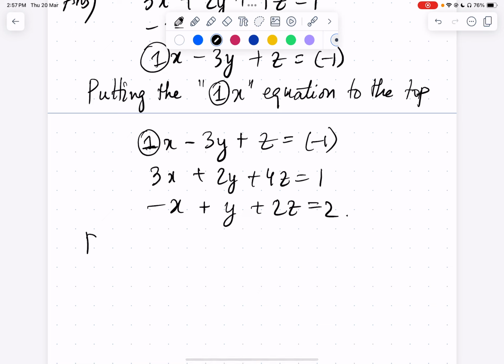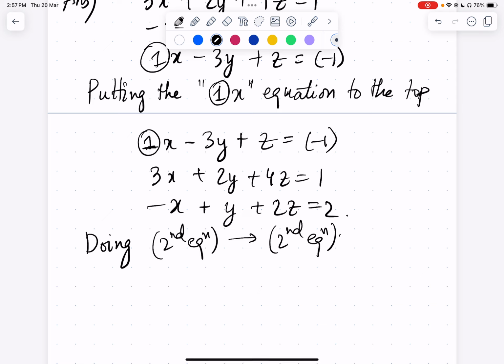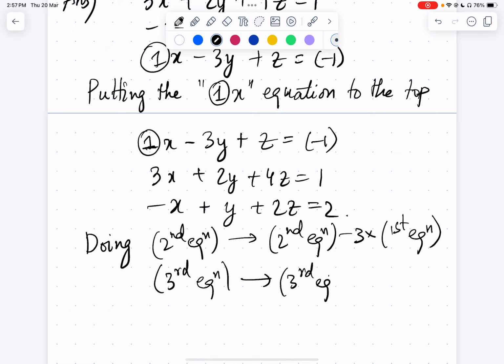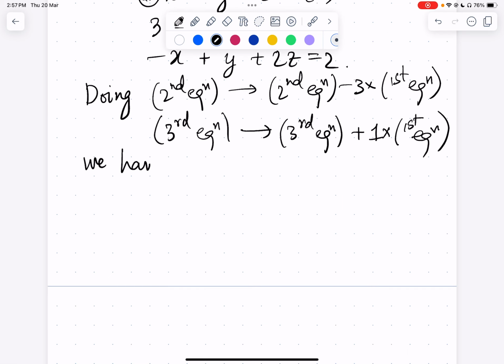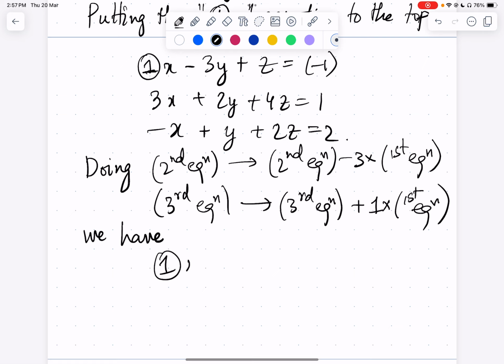So we change the second equation to second equation minus 3 times first equation, and the third equation to third equation plus 1 times the first equation. The first equation will remain the same, 1x minus 3y plus z equals minus 1.